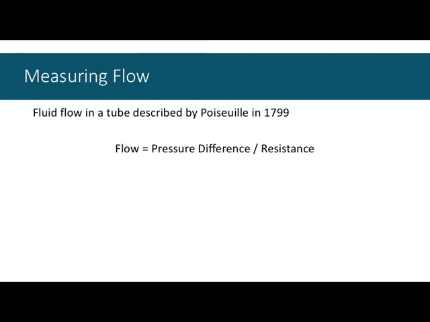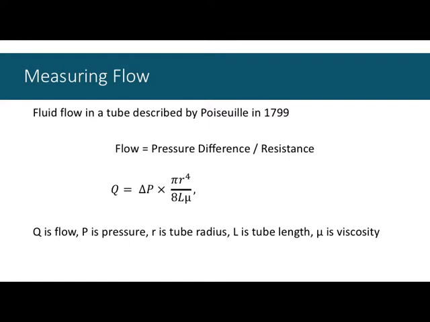So if I break up the equation that I just showed you, the original equation, flow is determined by pressure and resistance. Pressure is easy to understand. We've talked about pressure generated by the heart already.